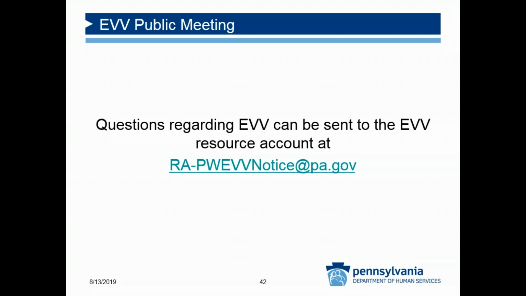If you would prefer to call in and ask a question, you can call the main line for DHS at 717-787-2600 and ask for the appropriate individual that you're asking a question about EVV, and they'll direct you to the correct person to address your question. So again, if you have additional questions, please send them to the resource account or give us a call at 717-787-2600 and let them know that you're calling about EVV.